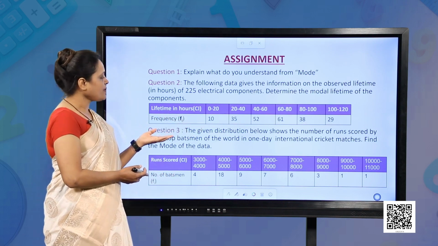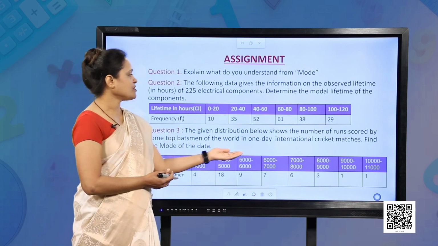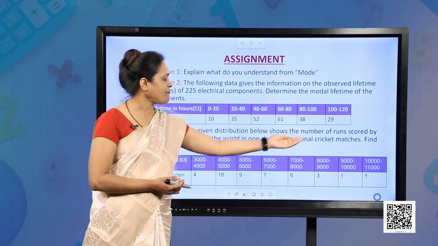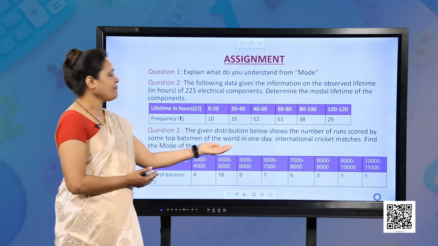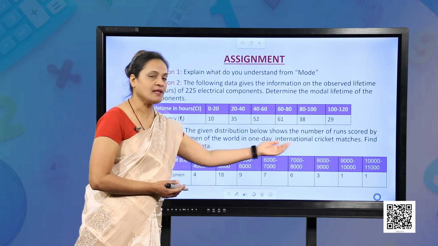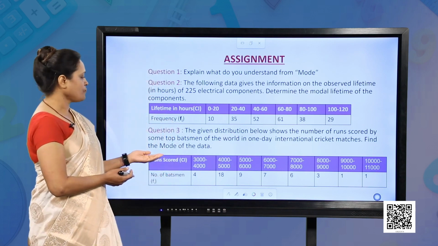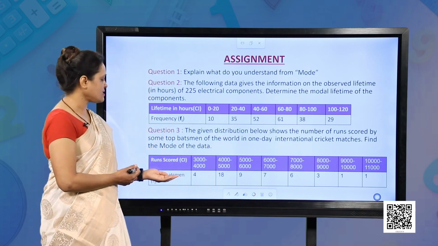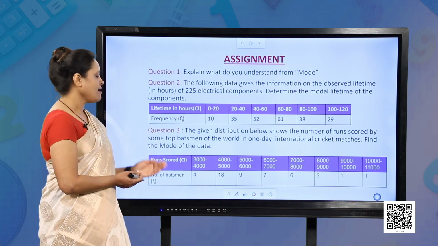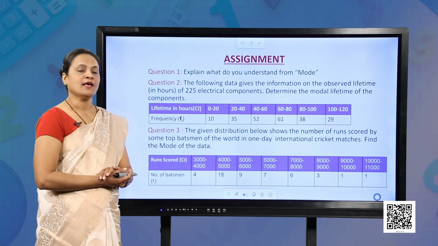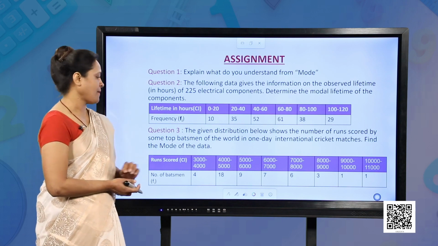In question number 3, this distribution gives you the number of runs scored by some top batsmen of the world in one-day international cricket matches. You need to find out the mode for this data. You can see that class intervals are given and frequencies are given. Do try these questions.